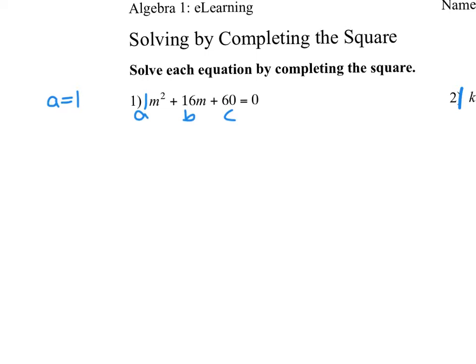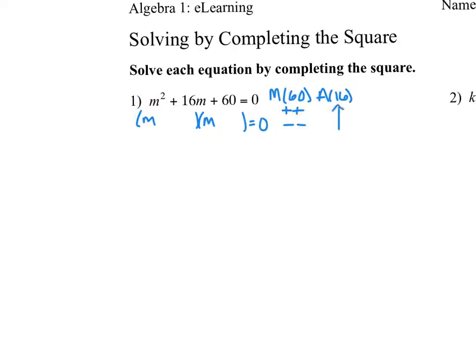The second thing is how to complete the square, and here's what we're going to do. I want to factor this in a way that each factor is identical. So if you start, on number 1, by doing multiply to 60, add to 16, we are going to have two factors that multiply to 60, and since 60 is positive, my signs are going to be the same.